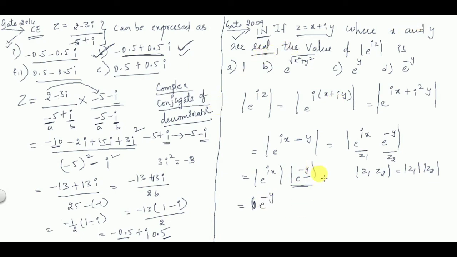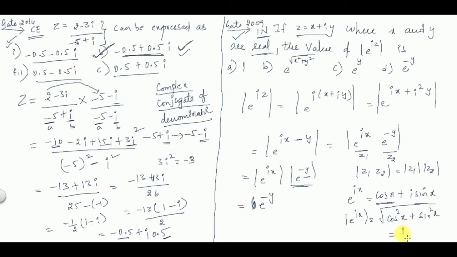Okay, right? So what is modulus of e power ix? Actually e power ix is cos x plus i sin x. So modulus of e power ix means root of real part whole square plus imaginary part whole square, cos square x plus sin square x.